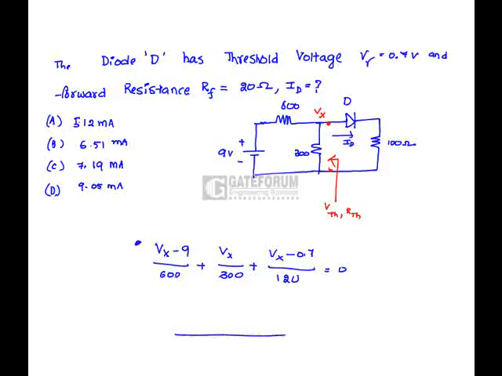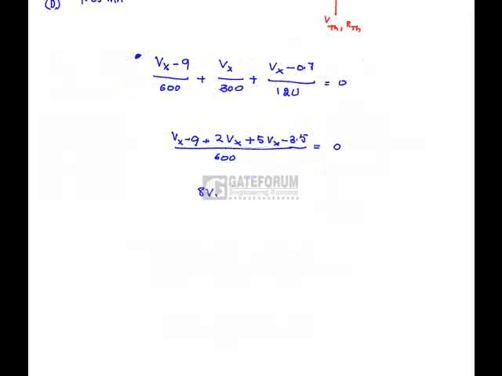So if we take 600 as an LCM, Vx minus 9 plus 2Vx plus 5Vx minus 3.5 is equal to 0. So 8Vx is equal to 12.5.